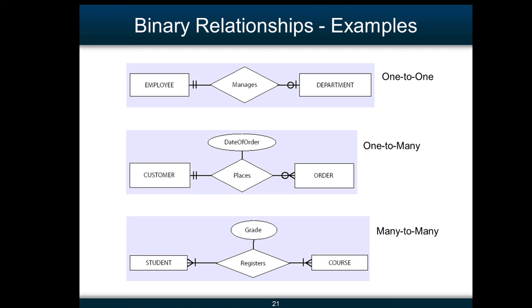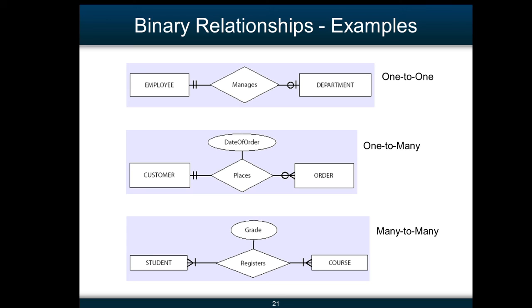Next example is the student and the course. The relationship is registers, and here the student and the course relationship is many-to-many. The course here pertains to the subject. So a student can enroll or register to many subjects, and one subject or course is registered by many students, or one subject has many students.